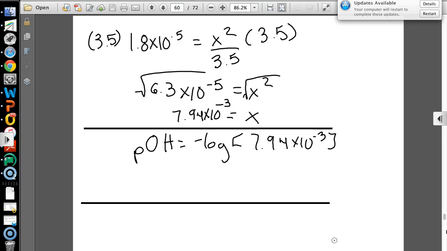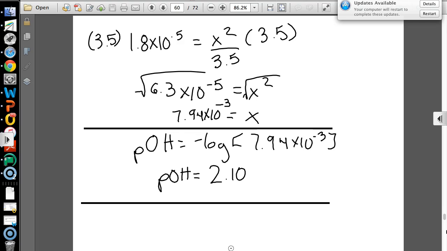You already have this number in your calculator, so you hit negative log of the answer. You don't have to type anything else in, right? Y'all know that whole negative log of the answer. And so I get my pOH to be, and see, I told you, you're going to get an answer around 2, which I didn't do on purpose, but that happens a lot for these weaker ones.